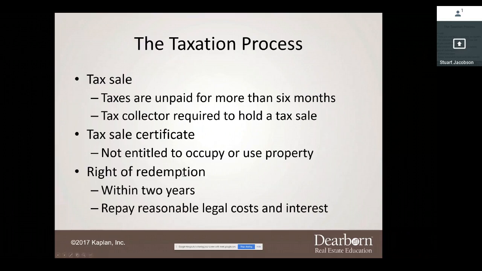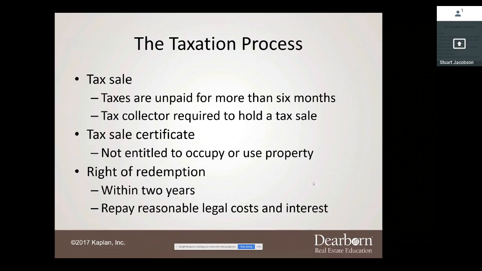It means that you hold a lien that is going to be repaid within 2 years, okay, with reasonable costs and interest. The sheriff actually sells the tax lien on the home, okay, if they're unpaid. And it basically goes towards making sure that the whole of the budget is paid for and covered.